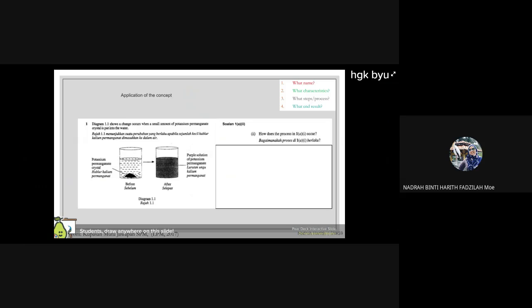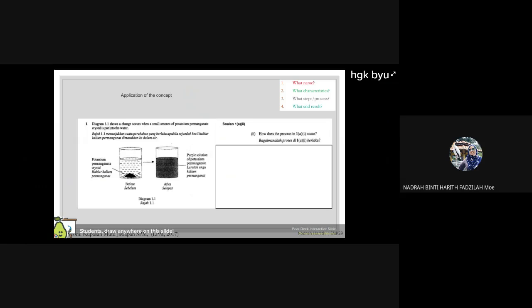Apakah nama proses tersebut? Markah dia 2. Kamu kena nyatakan dulu nama proses ni apa, kemudian apa dia punya step-step, dan apakah end result yang kamu nampak selepas tu.